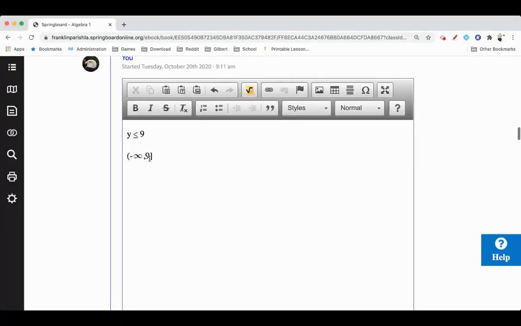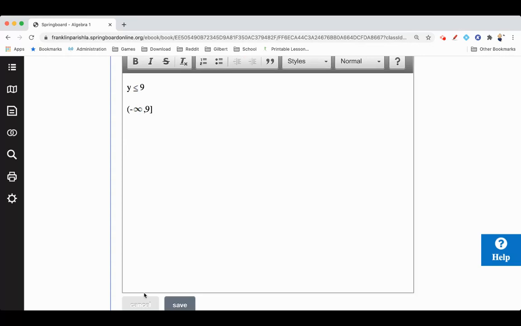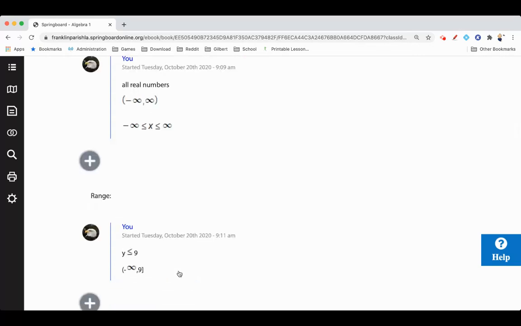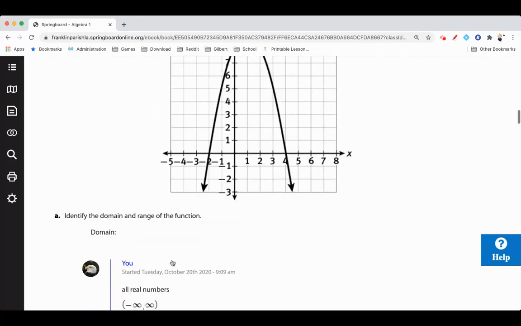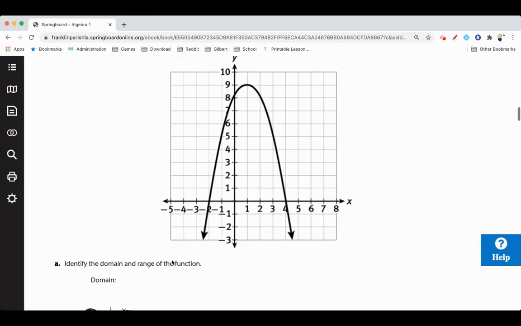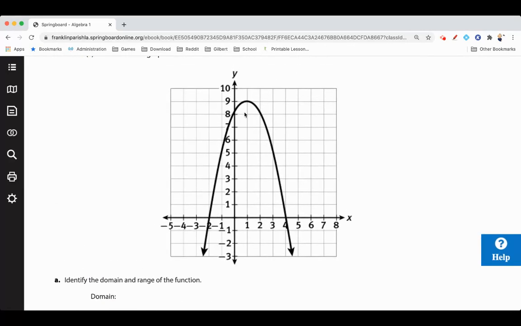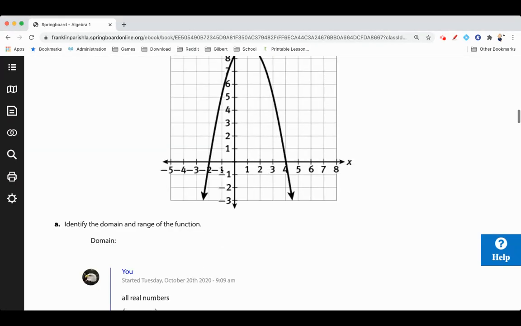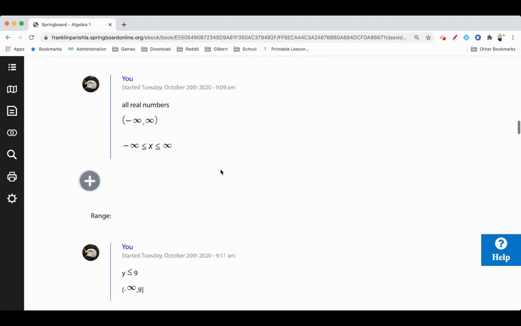So that would be two different ways to write the same information. Either one of those is fine for right now. You just got to be able to recognize it when they say it. And so from 9 on down to negative infinity, the range goes up to 9 and then stops. It doesn't go above it.